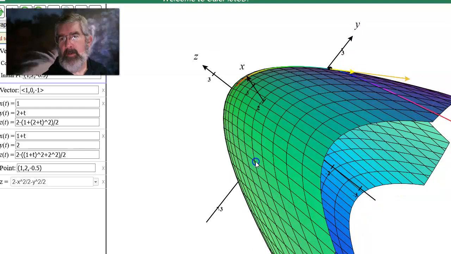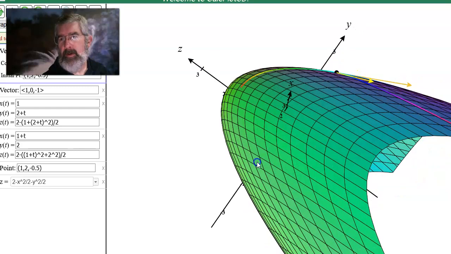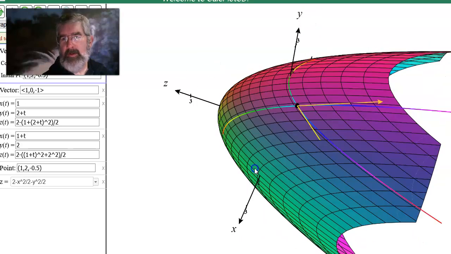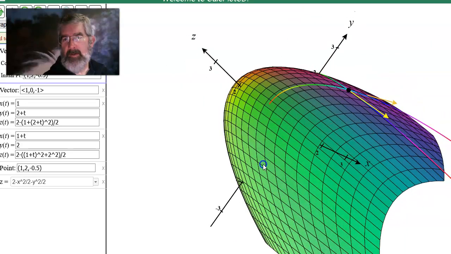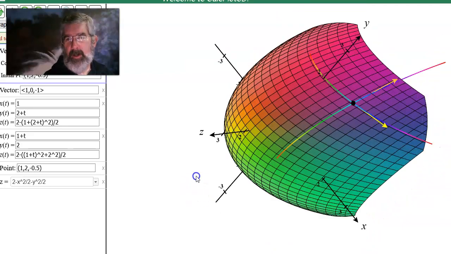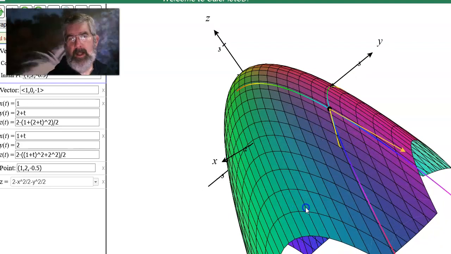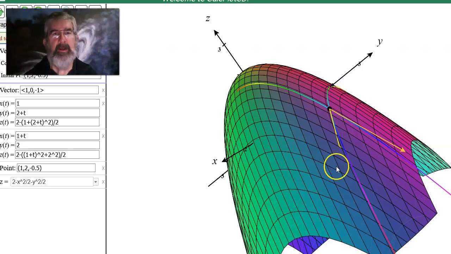There's one of them. There's the other. And so not only are they tangent vectors to their respective curves, they are tangent vectors to the surface at that point. And I can use those two vectors now to generate a plane. And that plane will be my tangent plane. So let's do that.